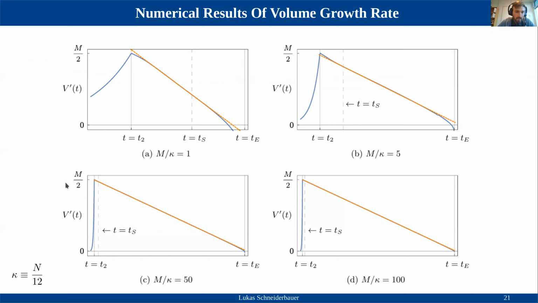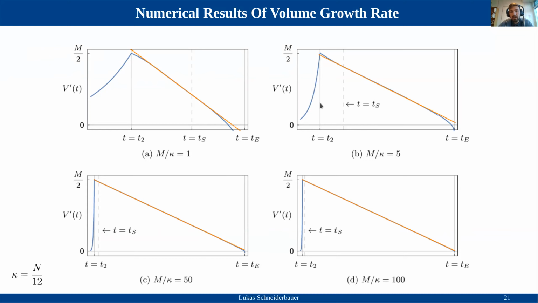And on the y-axis, we again have the volume growth rate indicated. Now we have m over κ, which is basically N. We said before that for this model to make sense, we need m over N to be large. Since we can also do it for m over N not so large, let's see what happens there.